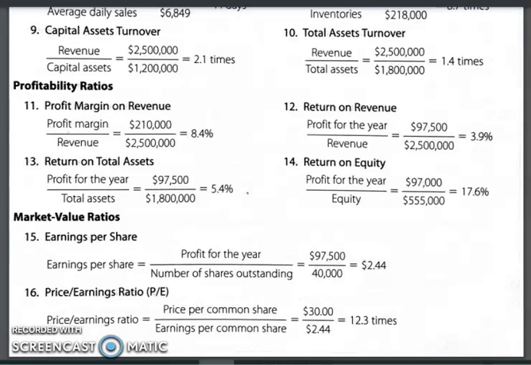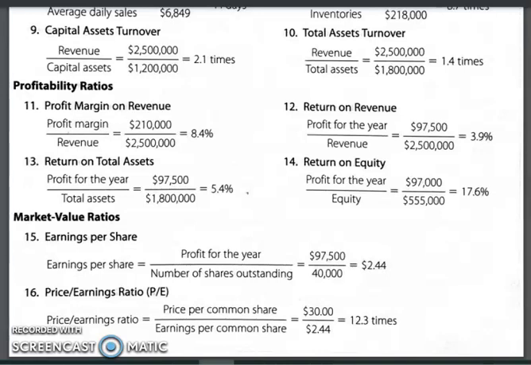We can also, instead of return on revenue, use it on total assets and also on equity. So of all of the assets that we are using in our organization, which is 1.8 million, the profit that it has generated after all of our expenses are paid is 97,500, which is a return on those total assets of 5.4%.